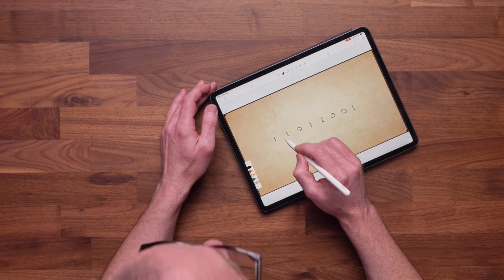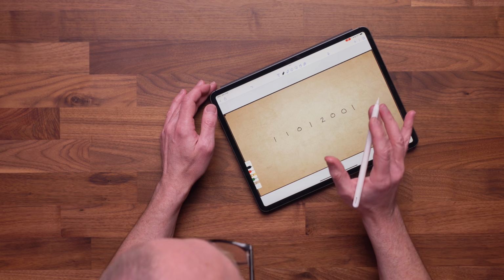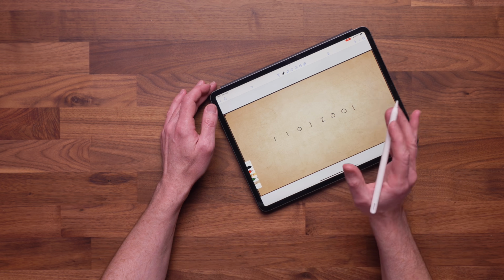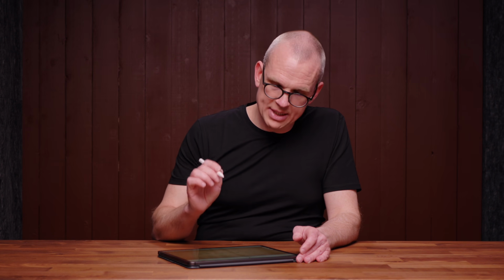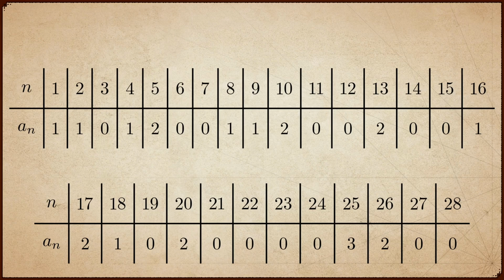Okay, let's have a look at our first L function. The mysterious sequence for this L function was 1, 1, 0, 1, 2, 0, 0, 1, and so on. Let's put these numbers in a table. Here we have the index n, 1, 2, 3, 4, 5, 6, 7, 8 on the top, and the sequence an, so a1, a2, a3, a4 at the bottom.